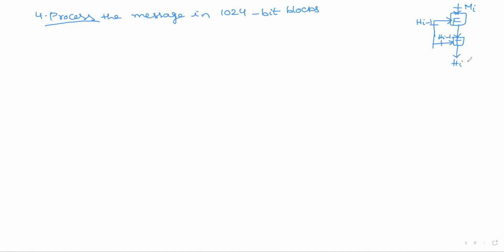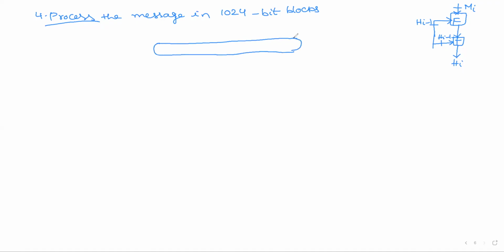Okay. So now you know this round function, 80 round operations will be there. Now we observe the block diagram of those rounds. See here, processing the message of size 1024 bits in the rounds.